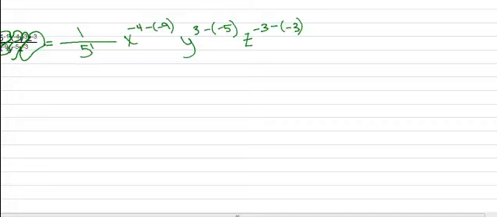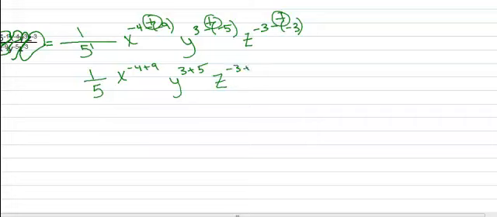And now we simplify all these, so we keep the 1 over 5, and then x, remember this is a plus, so we've got -4 plus 9. Again, this is a plus, so we've got y, 3 plus 5. So we've got z, -3 plus 3. So now again, we've still got the 1/5 we're carrying with us.